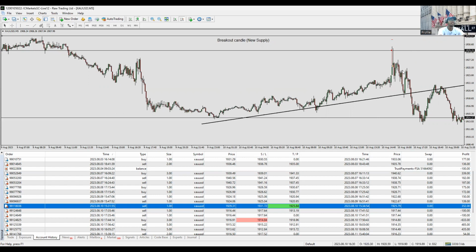So I actually held my trade for a bit. So the news event came out, the numbers were negative for the US dollar, and it was positive for gold. So gold shot up right up until this level of supply.